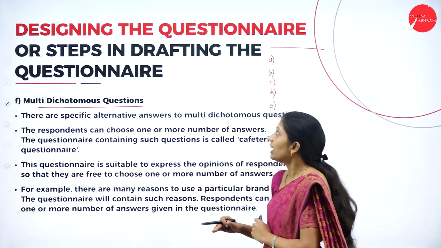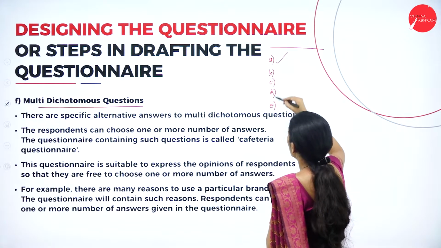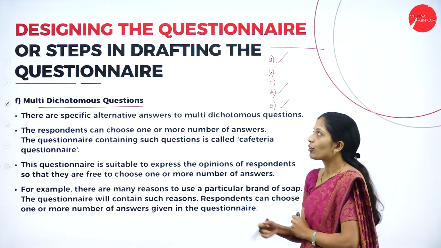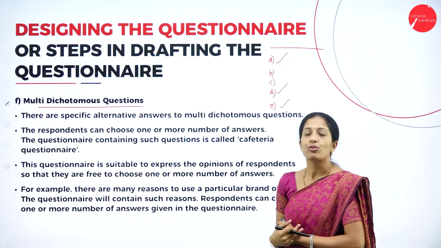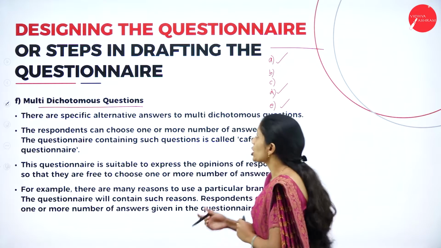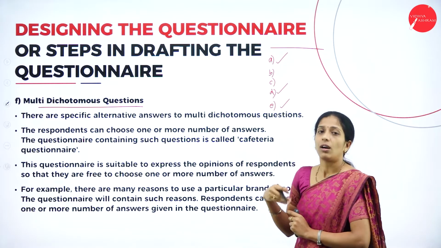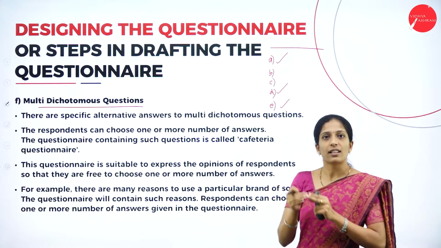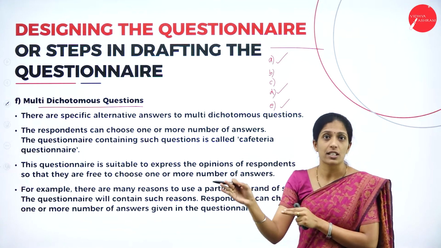But here, for example, A may be the correct answer, D may be the correct answer, E may be the correct answer. For example, what is the use of having an industry in a country? The options may be economic development, employment opportunity, or increase in GDP. These are the positive answers to that particular topic.